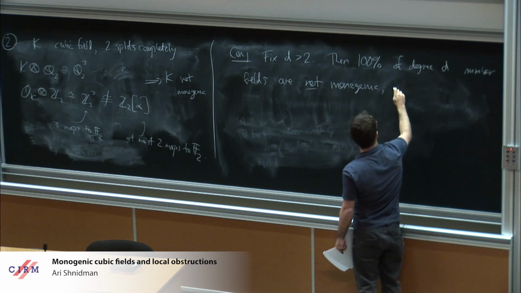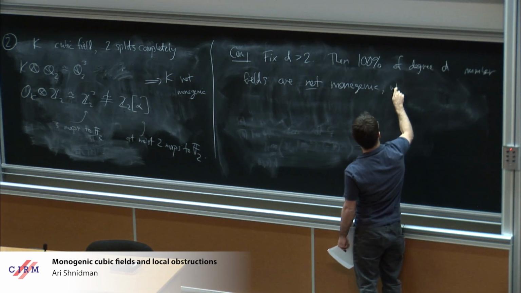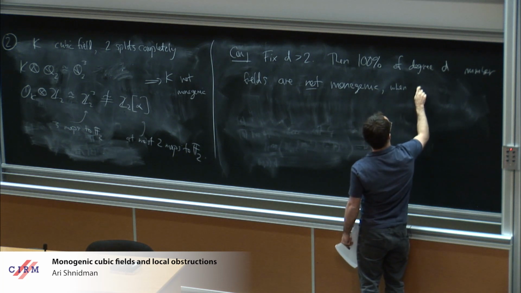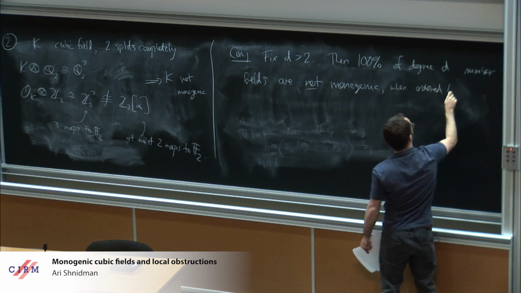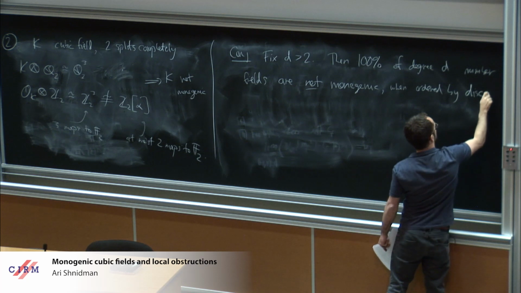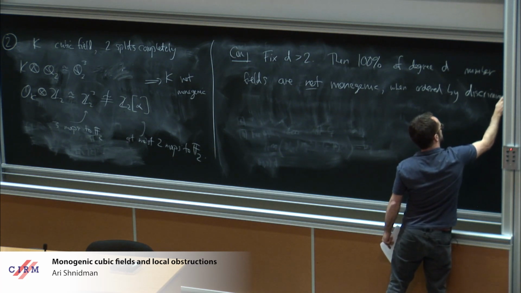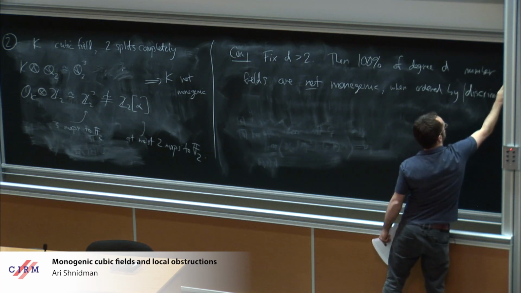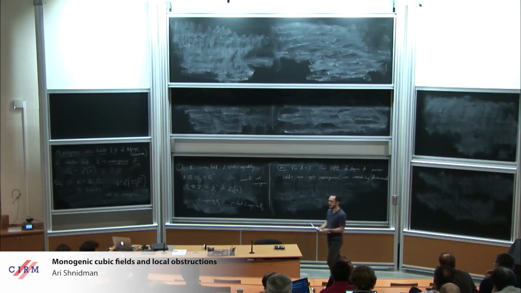Here is where we order the number fields by discriminant, or really absolute discriminant.